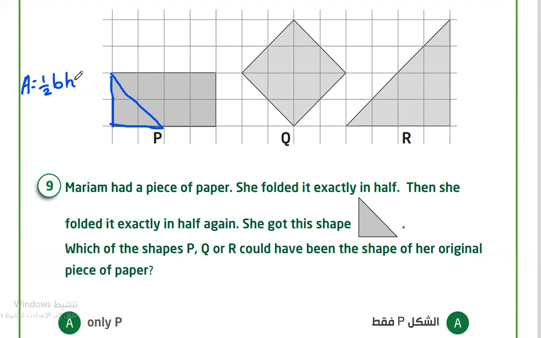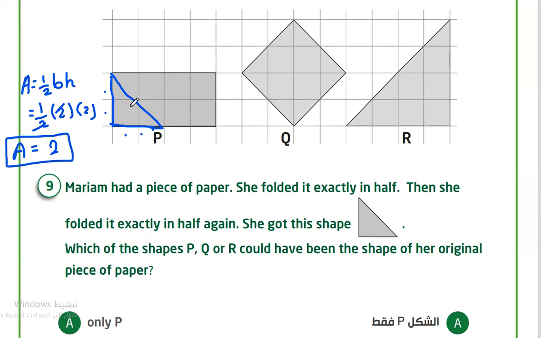Yes, okay, half base times height. How many base do I have? Only 2, and here 2. So you multiply 2 times 2 times 2, then you simplify 2 with 2, and the area of the triangle is 2. So now the area of the triangle is 2.